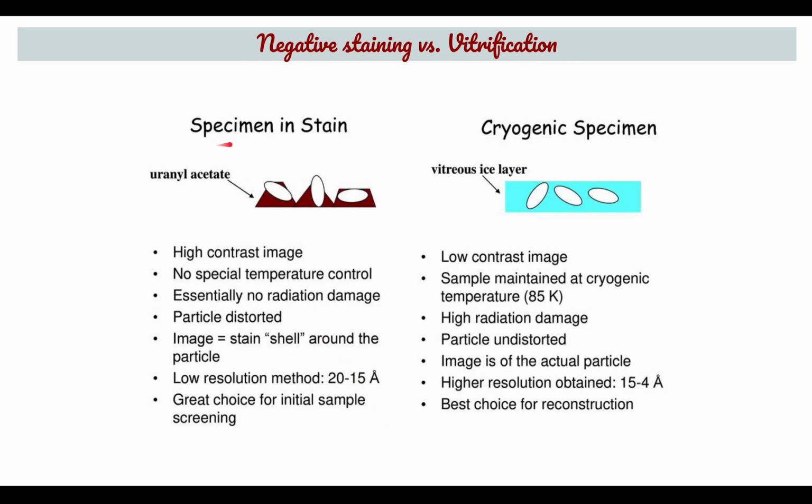Now here is the comparison between negative staining and vitrification. When you use negative staining, it gives you a high contrast image because the specimen appears light and the background is dark, so contrast is enhanced.